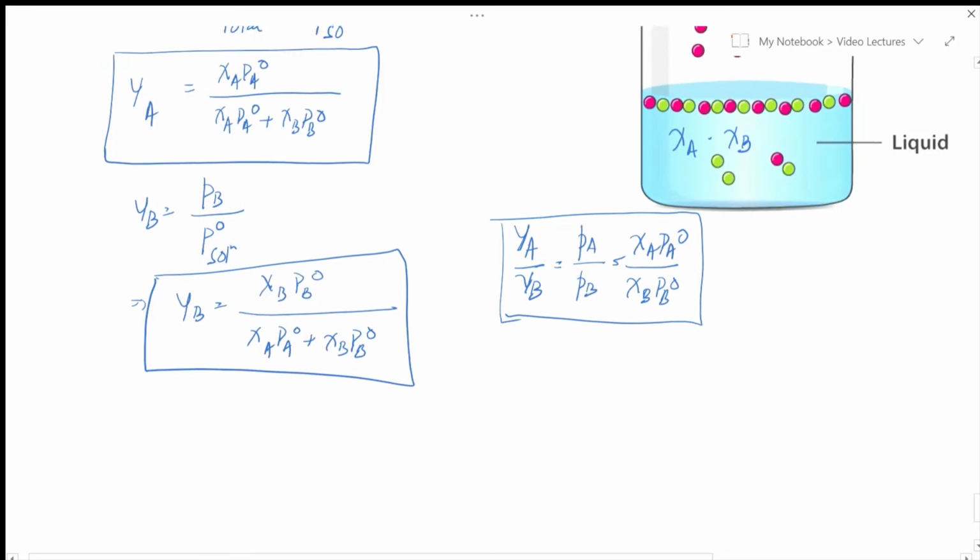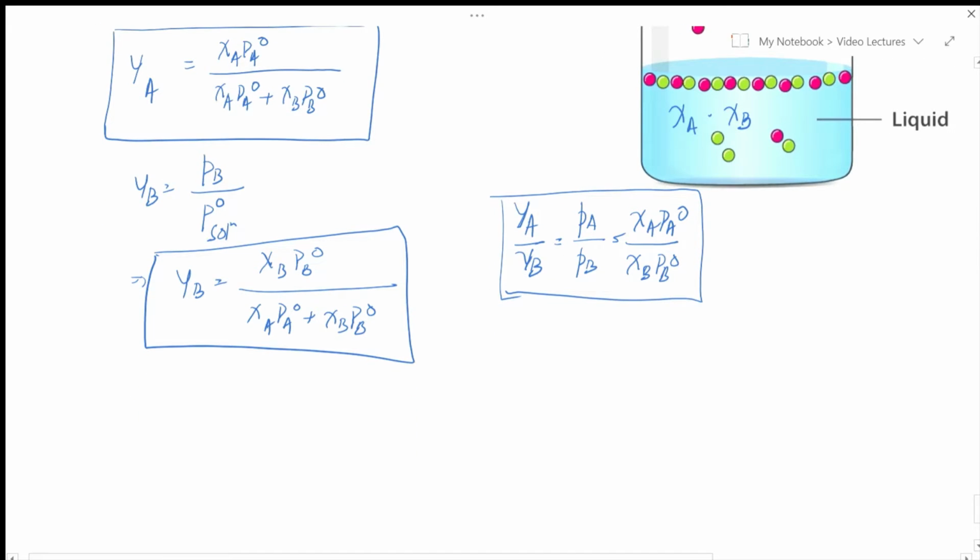Now, as we said before, there is a relative enrichment in the vapor phase of the more volatile component.